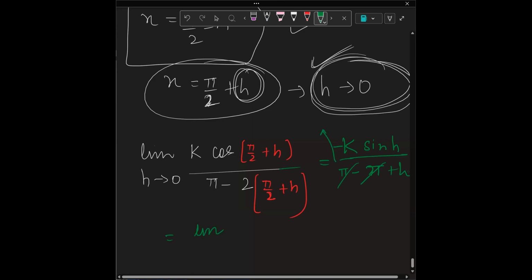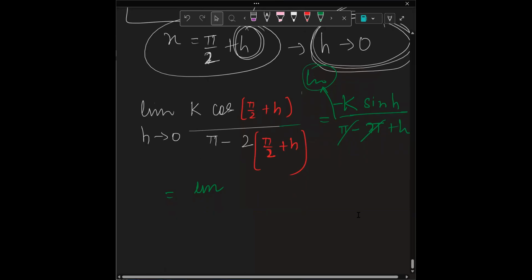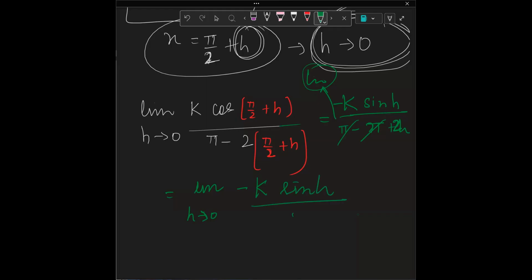And here, यहाँ पे मेरे पास लिमिट भी है, so I will be writing minus what? 2h. Minus 2h. Okay, okay, thank you. This is limit h tending to 0, minus k sin h over 2h, and 2h is negative 2h, है ना, minus 2h.